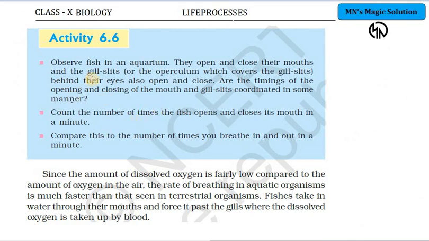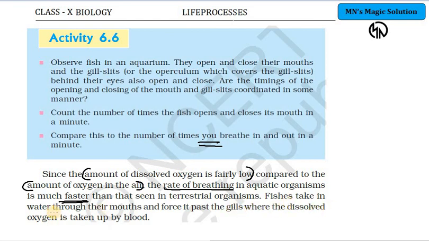The same concept is explained as an activity: how many times does a fish in an aquarium open and close its mouth? That is nothing but the breathing rate. If you count it, the number of times will be very much greater than the number of times you breathe in and out. This is because the amount of dissolved oxygen is low compared to the amount of oxygen in air.